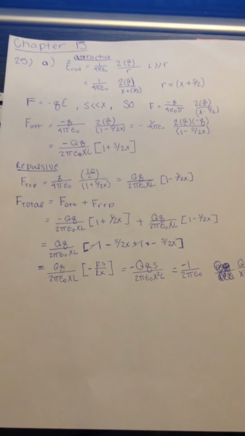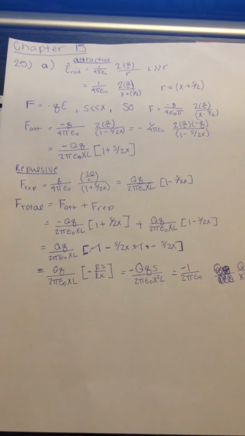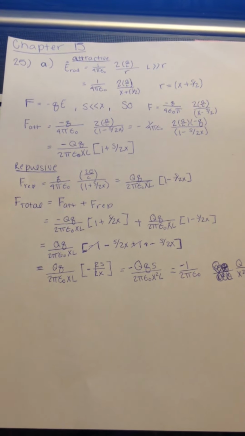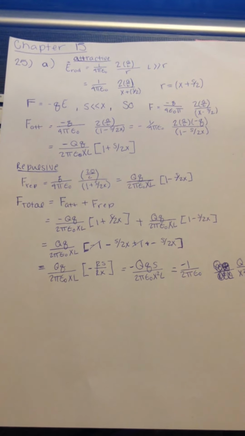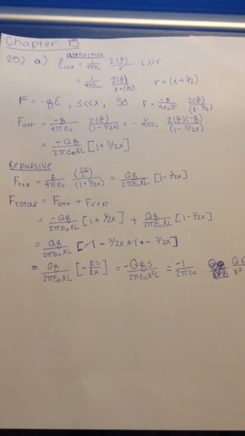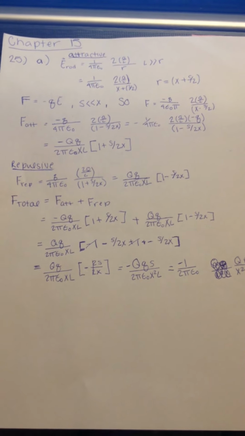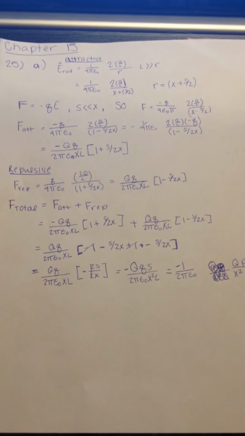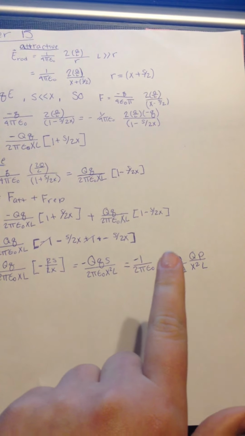I factored out what they had in common, and that leaves you with large Q little q over 2 pi epsilon naught times x L times negative 1 minus s over 2x plus 1 minus s over 2x. That gives you what they have in common times negative 2s over 2x. The 2s cancel, and that simplifies to give you this over here.